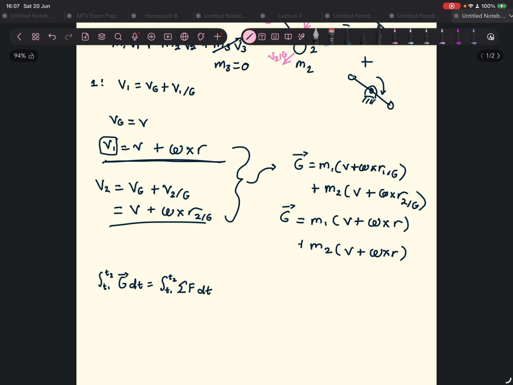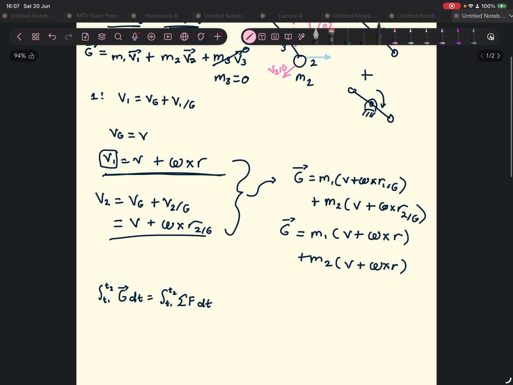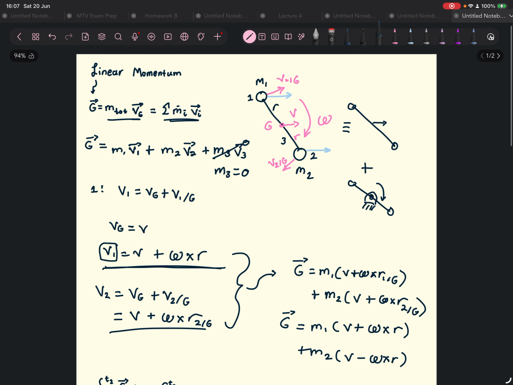Sorry, this is negative. And let's say that m1 and m2 were the same, then you could basically cross these two out. But you don't really have to know that. If that was confusing, it's okay. You don't have to know that, just follow the steps and you will get to the same answer.